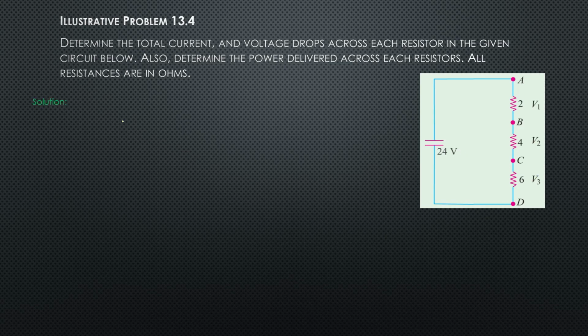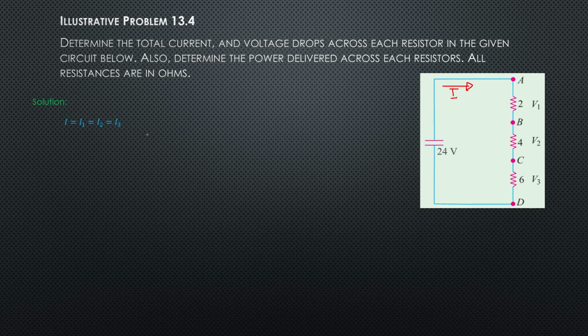Since they are connected in series, we could say that the current I that will flow here will be equal all throughout. So if current I flows here, then current I will be equal to I1, equal to I2, and equal to I3.